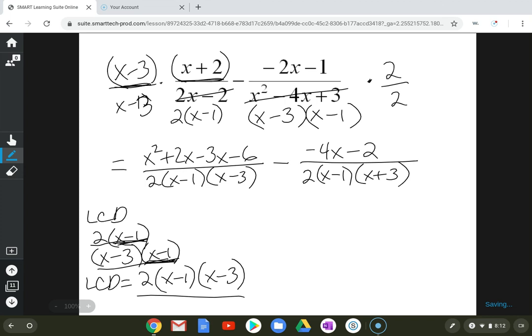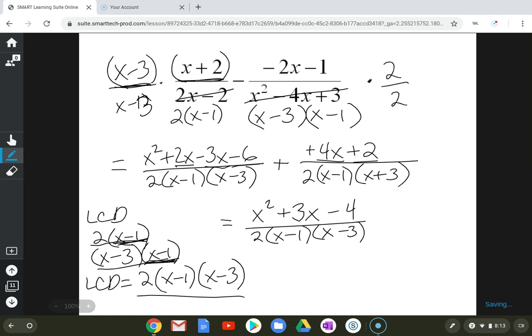We have minus and minus, negative, so you could just turn all these into pluses and distribute that negative in and make your life easier. All right, there are no other x squareds, so we just have that one x squared. 2x minus 3x is negative x, plus 4x is plus 3x. Negative 6 plus 2 is negative 4 over 2 times x minus 1 times x minus 3.